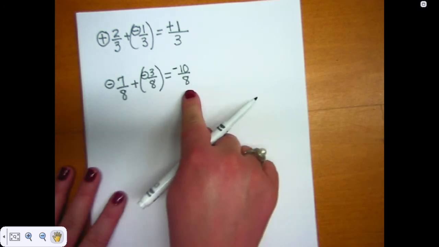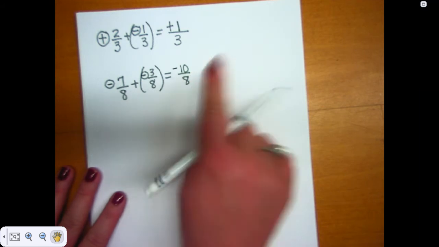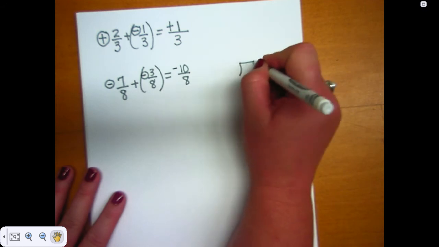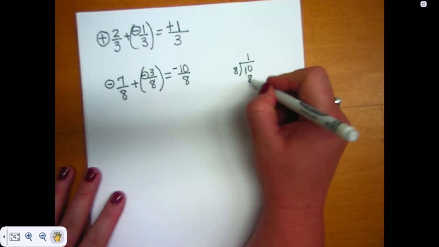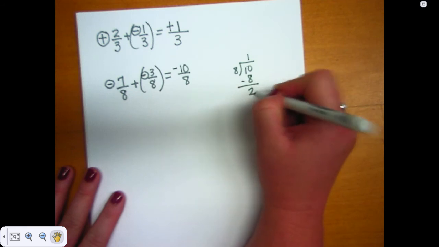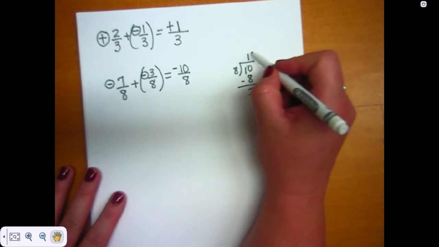Now I notice that I cannot keep this like this because it's improper. So I have negative 10 divided by 8. So I'm just going to do 10 divided by 8. 8 times 1 is 8. I subtract and I get 2. 2 is less than 8, so that means it's my remainder, and I'm going to write it as 2 over 8.